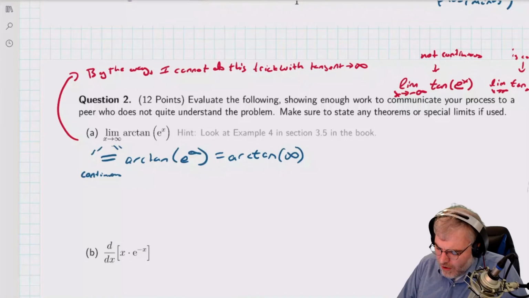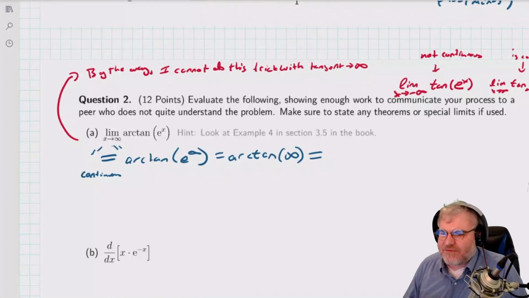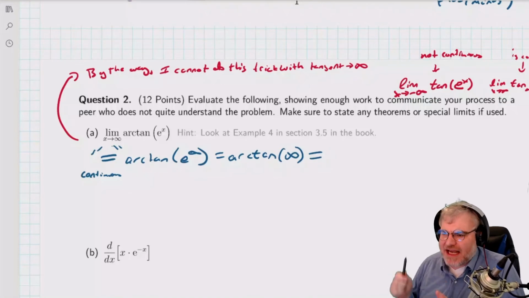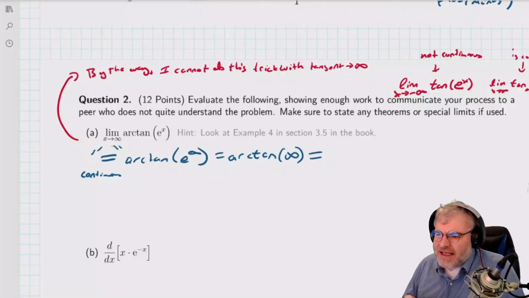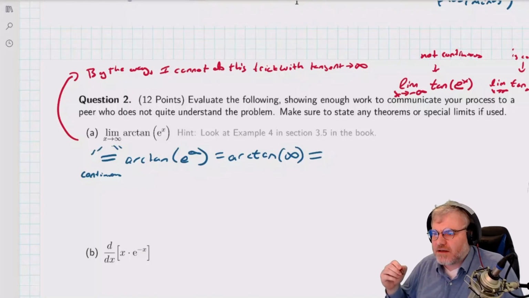So now I'm going to do arctan of infinity. Well, what happens? What angle would give me an infinite? So when I use the star, the domain of tangent and sine are restricted to those things. The domain of cosine, I'm sorry.